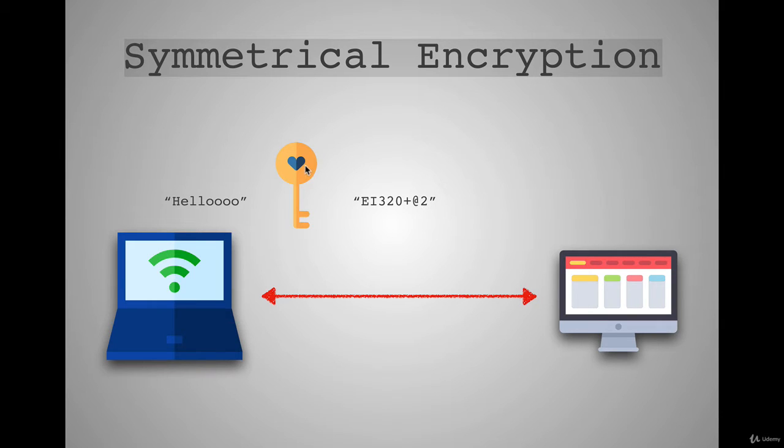And as long as my friend or my other computer has the same key, I can use this to decrypt it and get hello. And whoever is in the middle here, whoever is in the public over here reading our message, won't understand what we're saying to each other because they don't have this key.